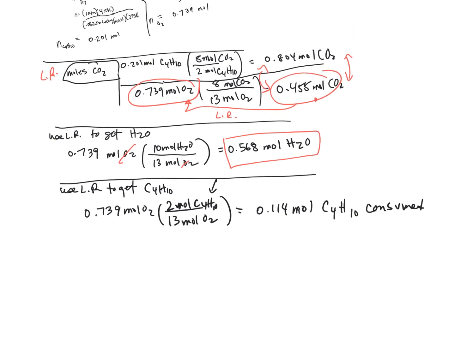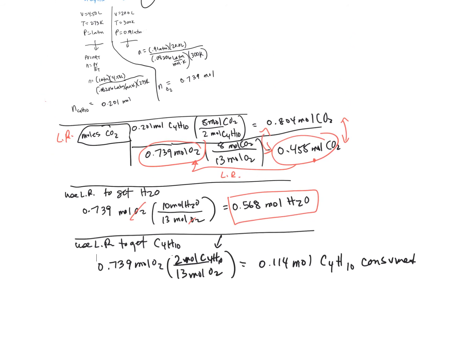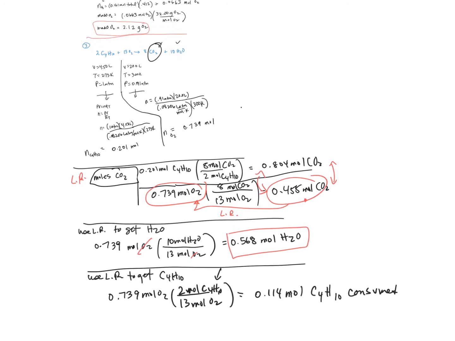All right, let's go over this concept right now. So you calculated the moles of CO2 twice. You picked the smaller number, and from that you learned that the O2 dictated the amount of the smaller number. So this is the limiting reactant. Now you're going to use the limiting reactant, which is O2, and you're going to figure out how much C4H10 reacted with it.